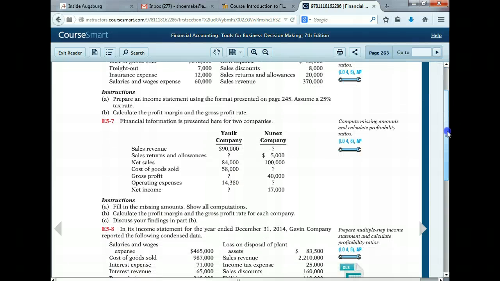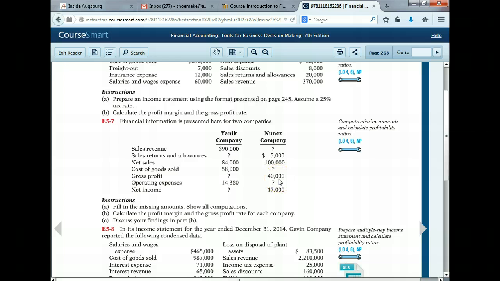Okay. So for this problem, we want to fill in the missing amounts, show all computations. Okay, so it shows us here, it gives us some information, but not all of it. It tells us that our gross profit is $40,000.